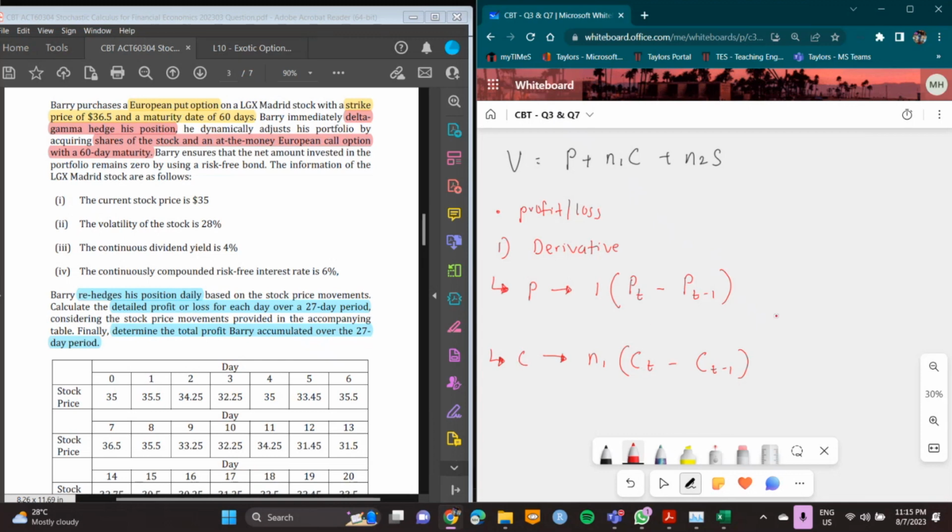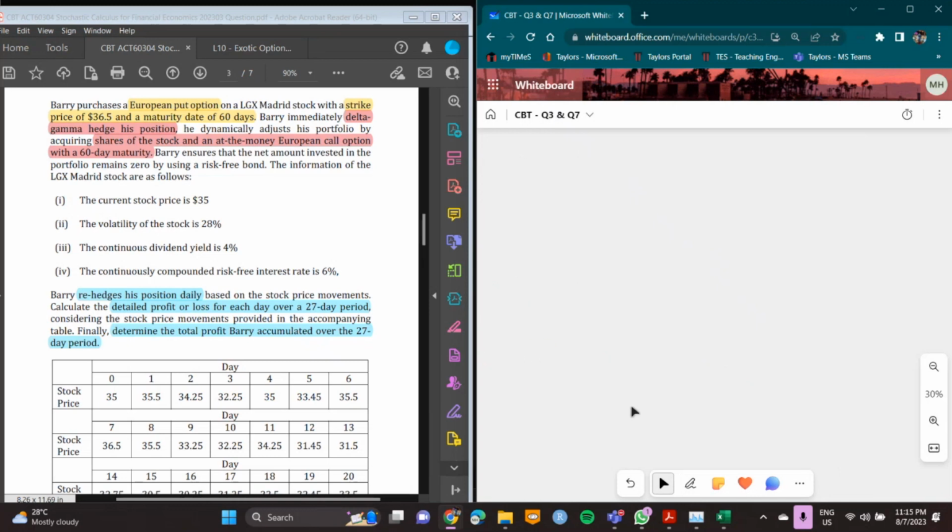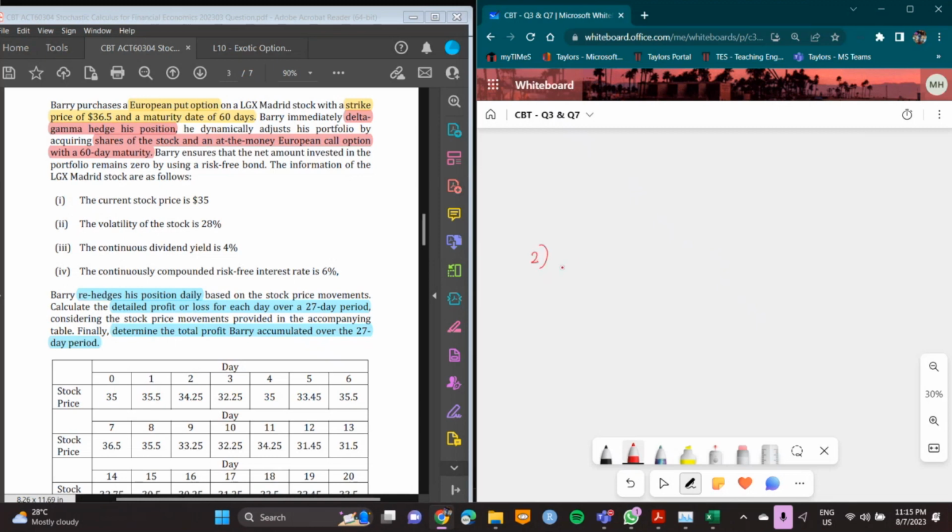Then number two, the first is the derivative part, so number two, we can focus on the stock component. For the stock component, we will use our N2.